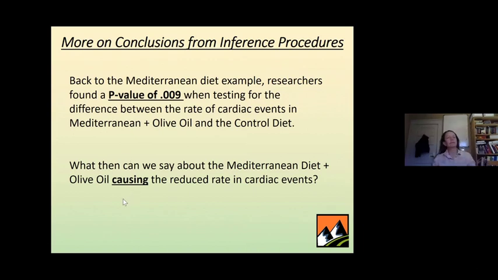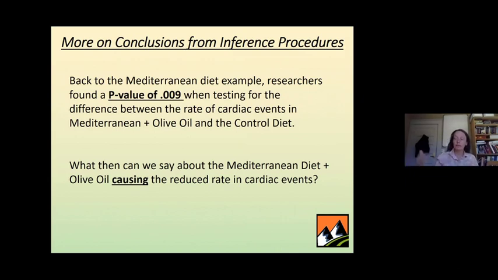This article was retracted, so we have to be careful with what we say, because it turns out that the experimental design was not what we thought. But let's just hypothetically say that it is a well-designed controlled experiment.